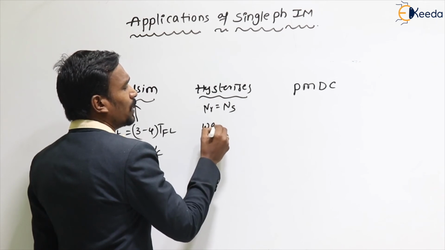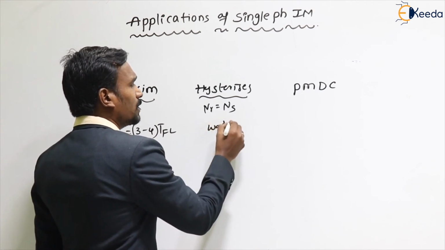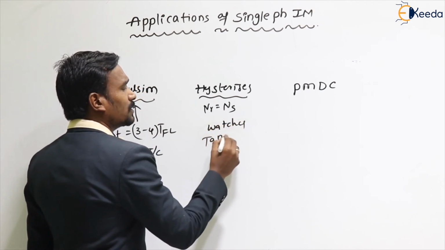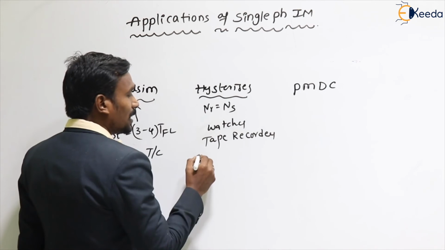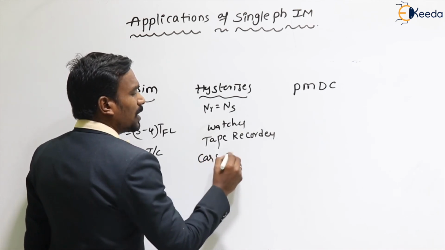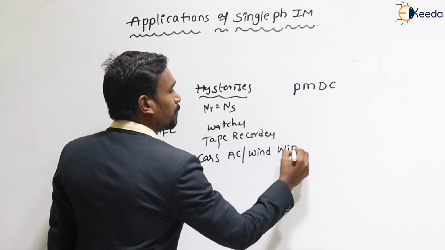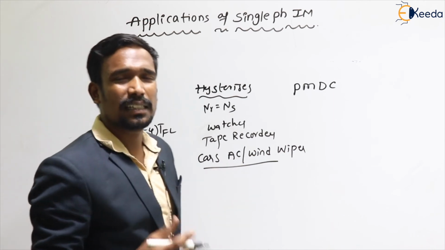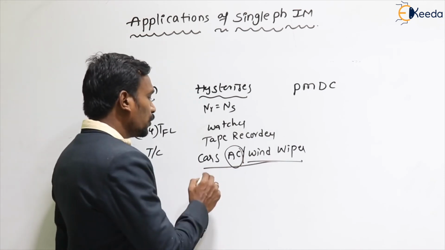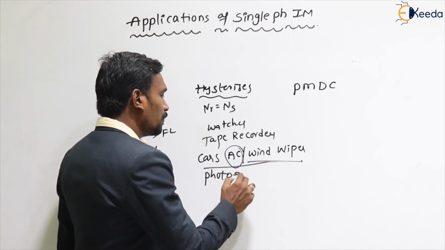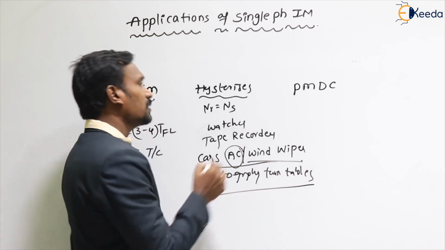These are used in electronic watches, tape recorders, and also in cars, air conditioners and wind wipers, photography turntables, like that.